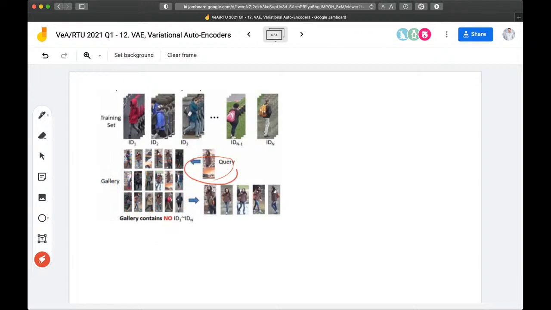This can be either a query or enrollment samples. So you pre-train, and this is in two steps basically. You train it, and then you use it in production, in inference.